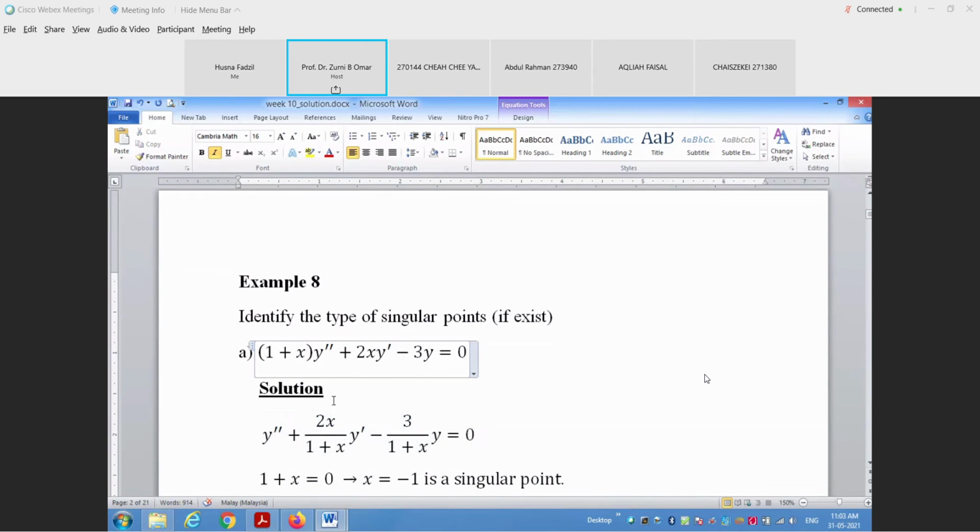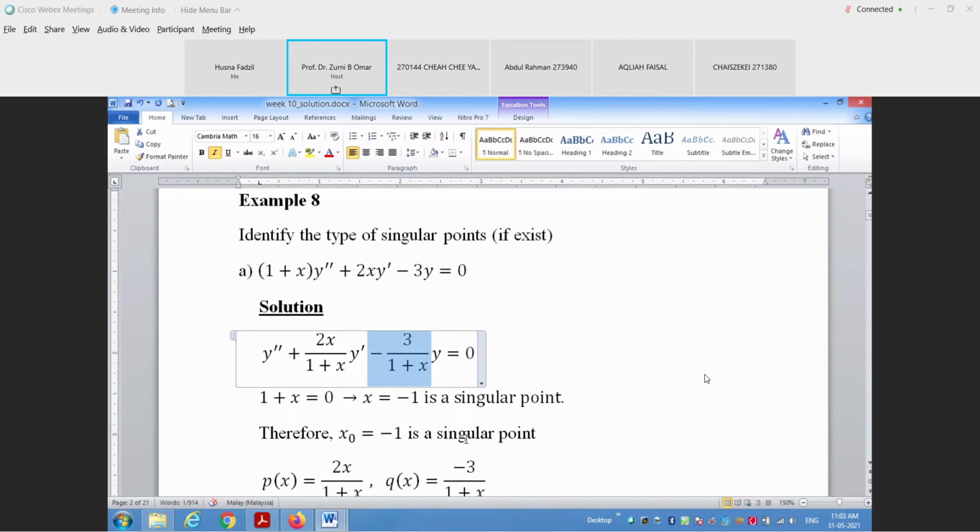The most important thing is that you reduce to this form, where the coefficient in front of y prime will be small p(x), and the coefficient in front of y will be small q(x). This one is small p(x) with the positive sign, and this one will be small q(x).